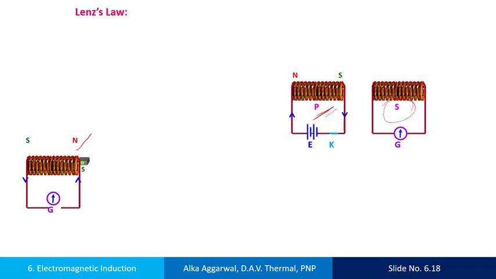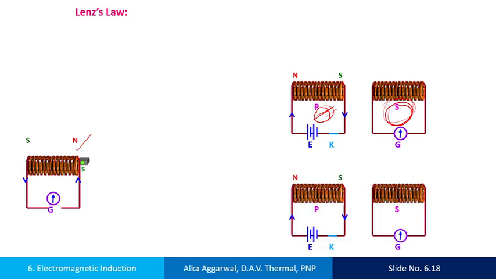Now see, the circuit is completed. The direction of the current is reversed. Here it is in clockwise direction and here it is in anti-clockwise direction. Now the second case. It is coils P and S. Now when we break the circuit, the magnetic field varies. If the magnetic field varies, the flux varies.